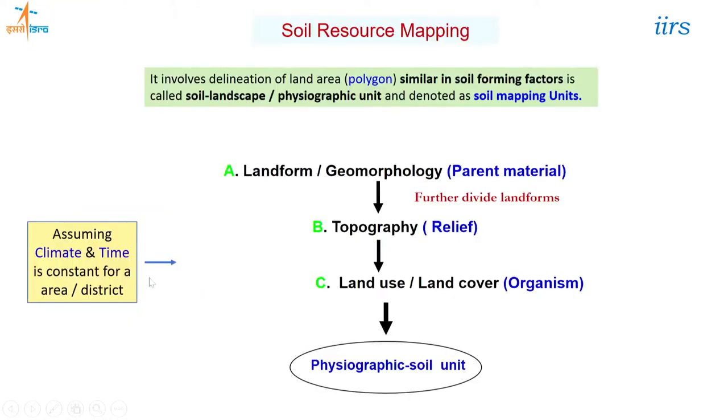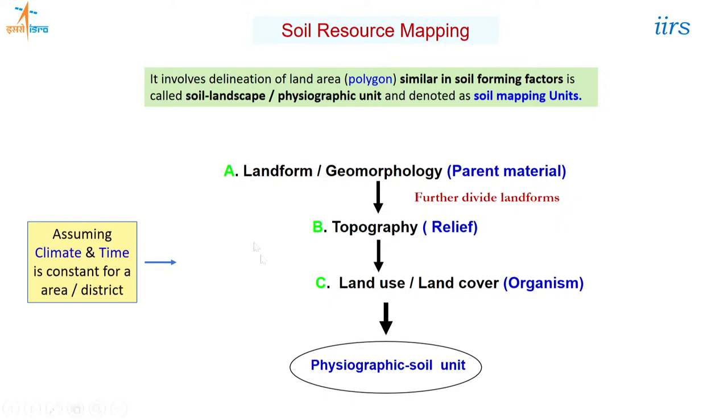So how can we get the polygon, how can I map? First you map the landform or geomorphology, that we are calling parent material. Then you further divide the landforms or geomorphology based on the topography, that is called the relief factor, and then it is further divided based on the land use land cover, that is organism, and you will get the physiographic soil map unit.